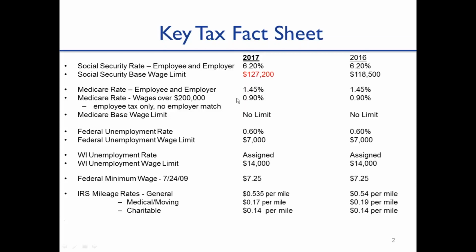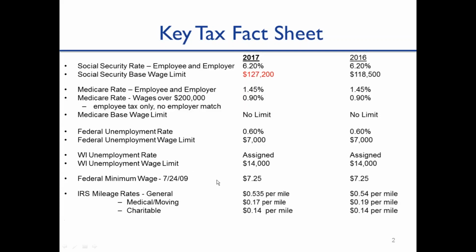Your Medicare doesn't have a limit. Unemployment rate is 0.6% on the first $7,000 of employee wages. Your Wisconsin unemployment rate or Minnesota unemployment rate are assigned per the unemployment company, or Minnesota Unemployment or Wisconsin Department of Workforce Development.